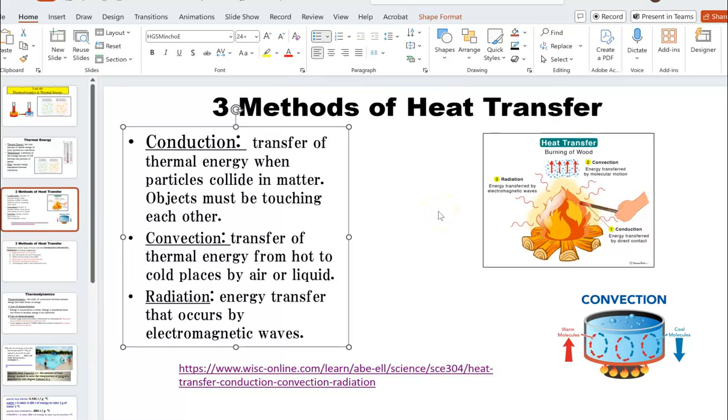So I'm going to go back to my cup of coffee. So when my coffee is hot and my hands are cold and my hands are wrapped around my cup of coffee, that thermal energy moves from my coffee into my hands through conduction. So transfer of thermal energy when particles in matter collide.